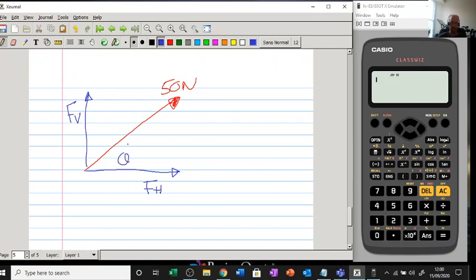The angle we'll say is, I don't know, 22 degrees. So this 50 Newton force is coming up at 22 degrees. We need to work out the horizontal force, we don't know, and the vertical force, we don't know.